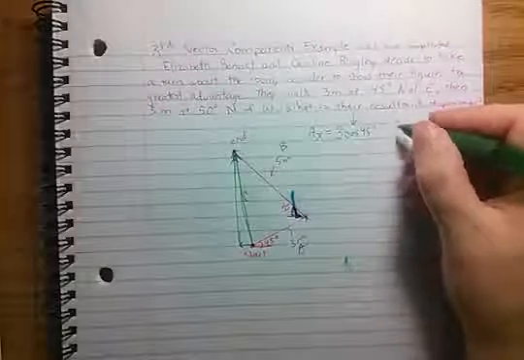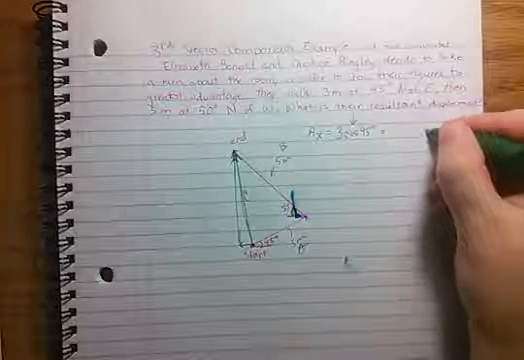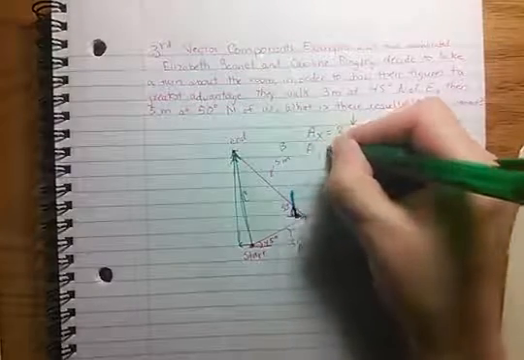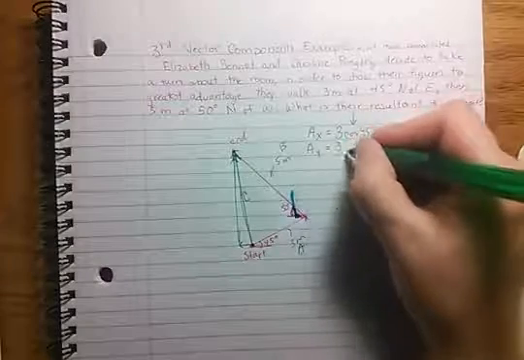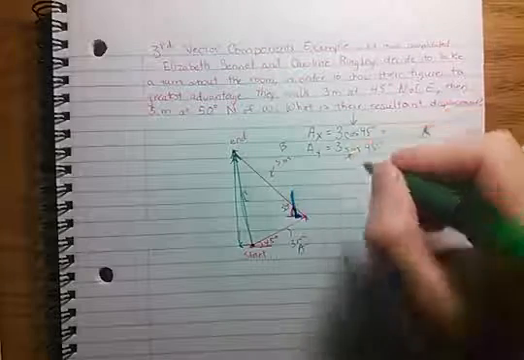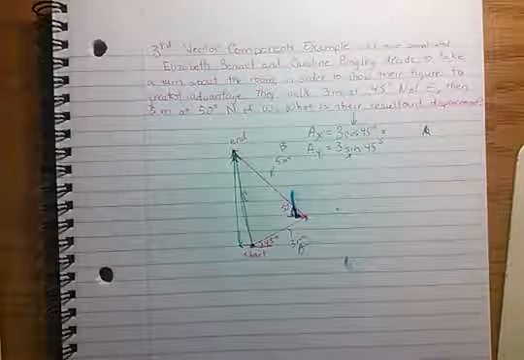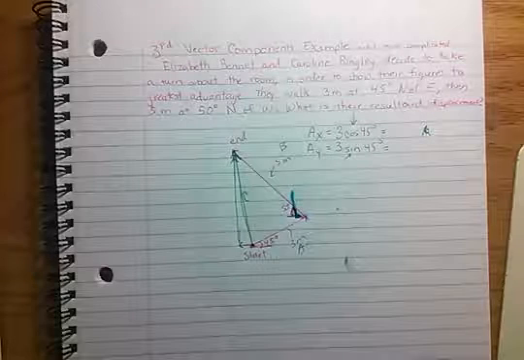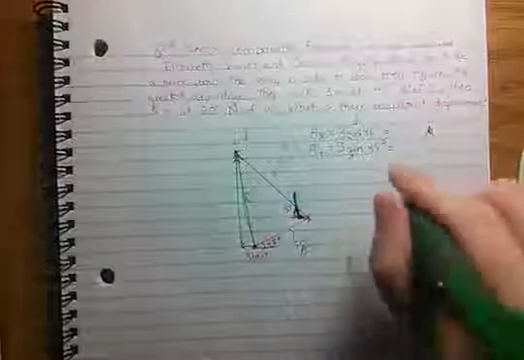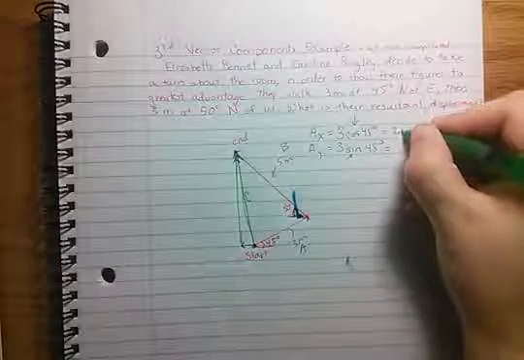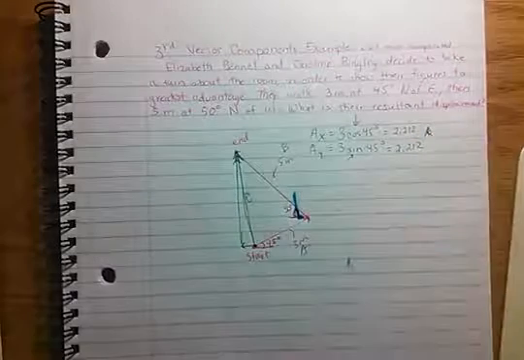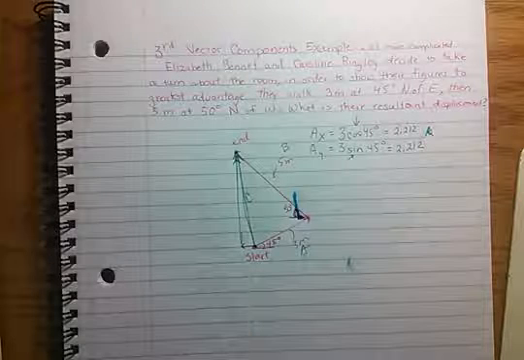What about for the y component? Ay, you know what, I'm going to write it down here. Ay is equal to 3 times the sine of the angle. So you always use sine for the y component. Now I calculated this earlier. So since it's a 45-degree angle, they'll both be the same. So that's convenient for this problem.